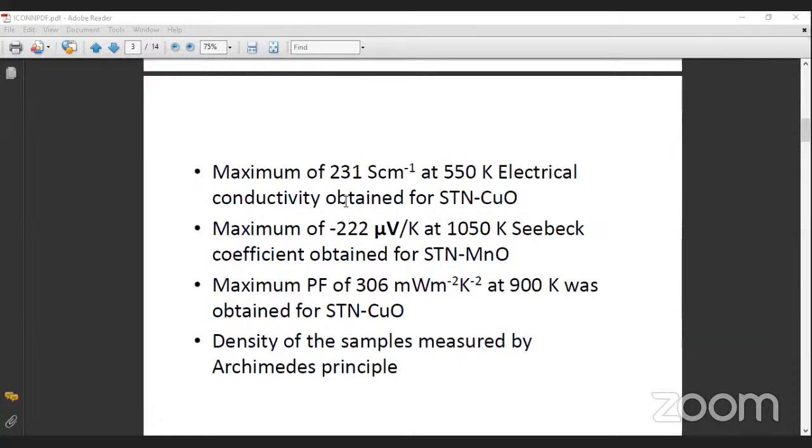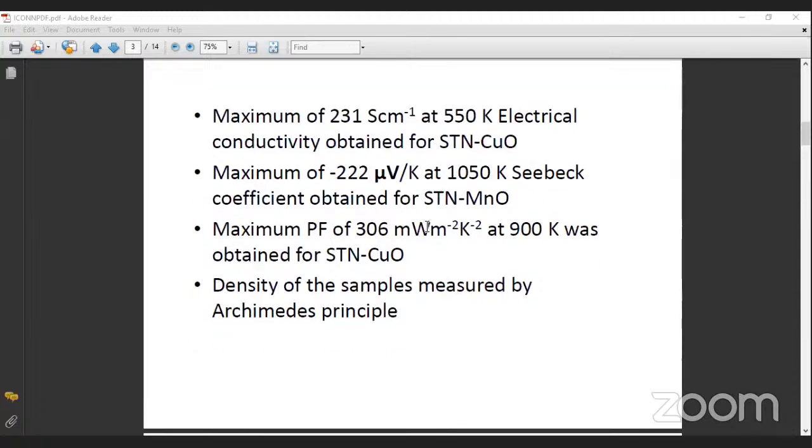A maximum of 231 Siemens per centimeter is obtained at 550 Kelvin for copper oxide mixed Nb-doped strontium titanate, and a maximum Seebeck coefficient of minus 222 microvolt per Kelvin is obtained for MnO doped Nb-doped strontium titanate.